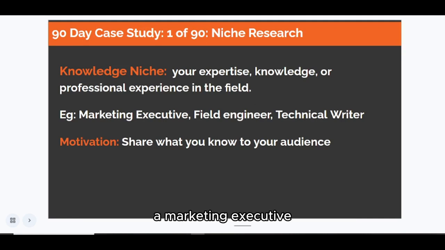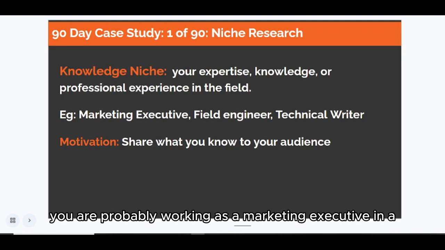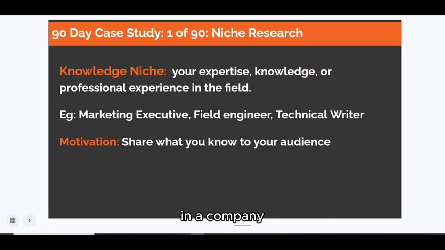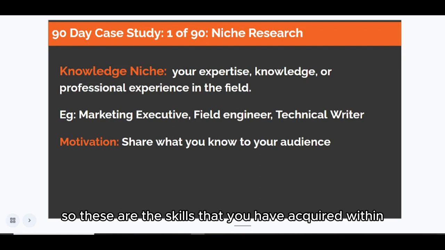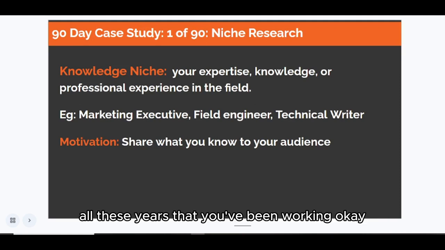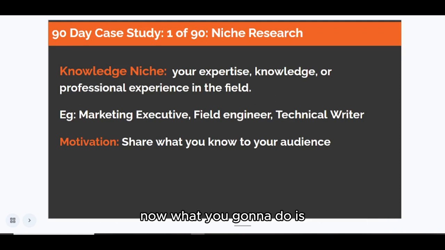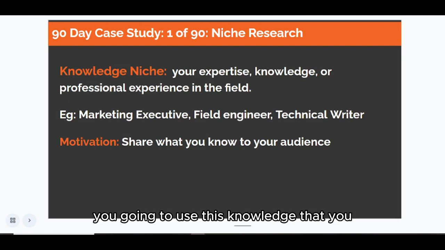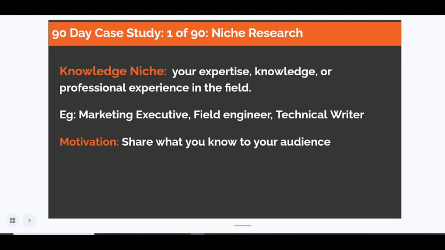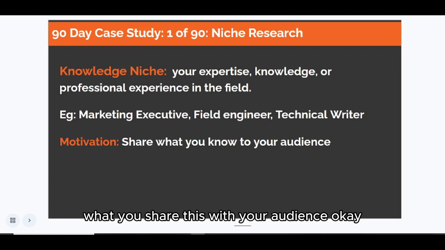So a knowledge niche is your expertise, your knowledge, or your professional experience in the field. For example, you are probably working as a marketing executive in a company. You are a field engineer or you are a technical writer. So these are the skills that you have acquired within all these years that you've been working. Now what you're going to do is use this knowledge that you have acquired so far, and share it with your audience.